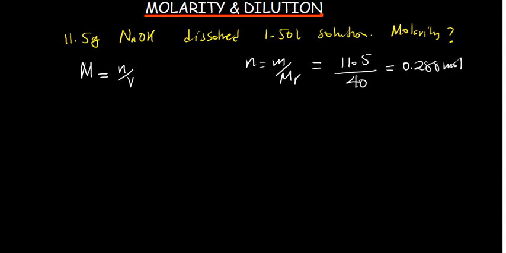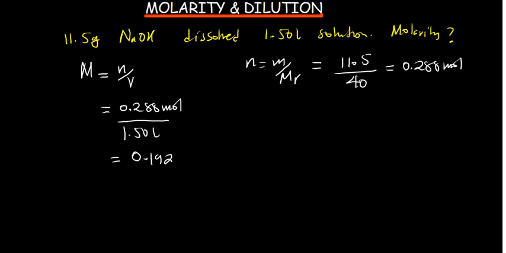So therefore molarity is going to become number of moles, 0.288 moles, over the volume, which is 1.50 liters, and punching on your calculator, that is going to give about 0.192.